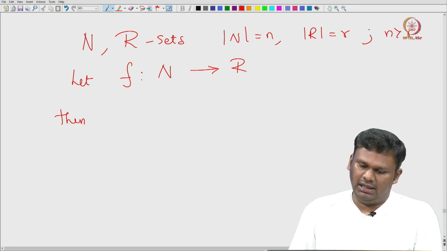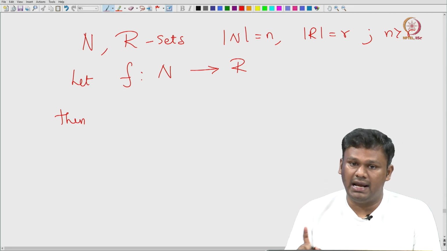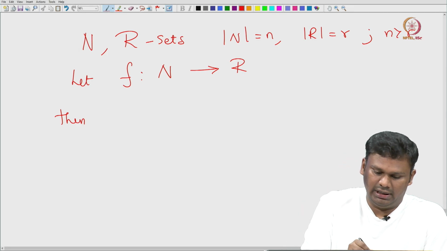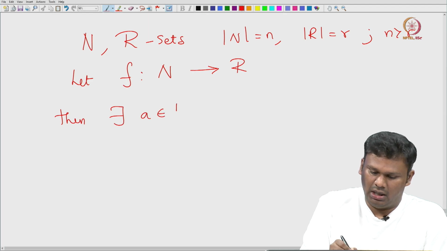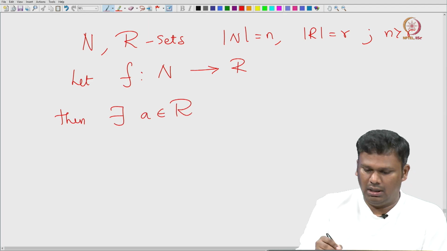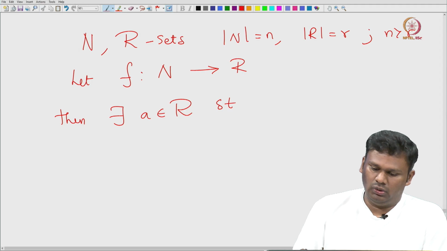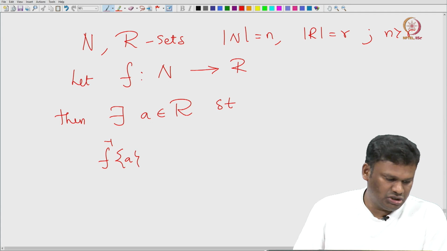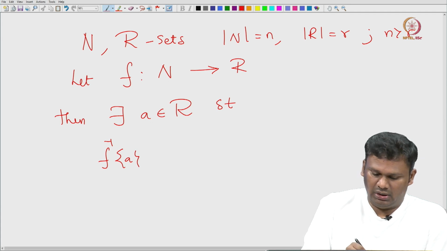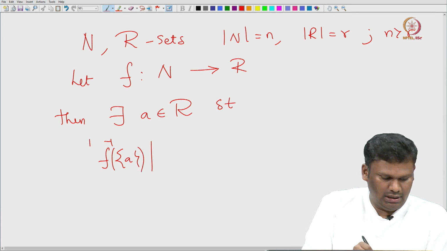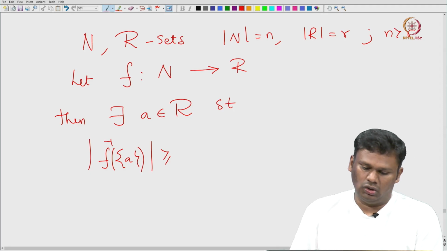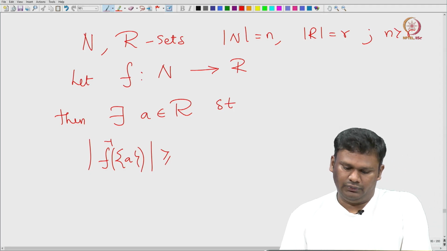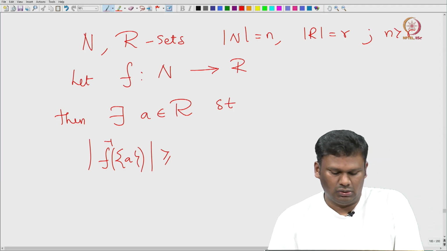Now we can guarantee that there exists at least one element a in R such that the pre-image, f inverse of a, has cardinality greater than or equal to 2.